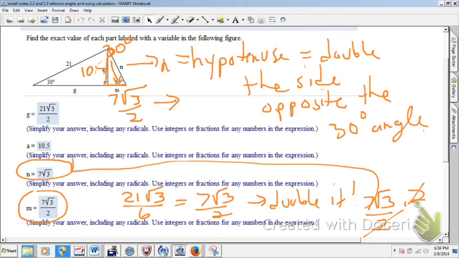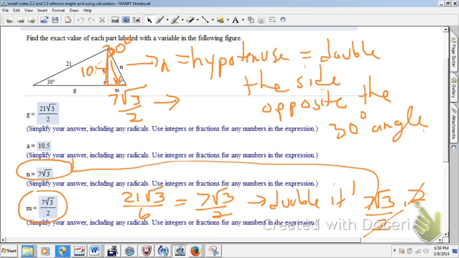It's all about these angle and side relationships. If you want to make a general recipe for yourself, the side directly across from a 30-degree angle, if you double it, you'll have the hypotenuse. And if you take the side directly opposite the 30-degree angle and multiply it by root 3, you'll have the adjacent side.